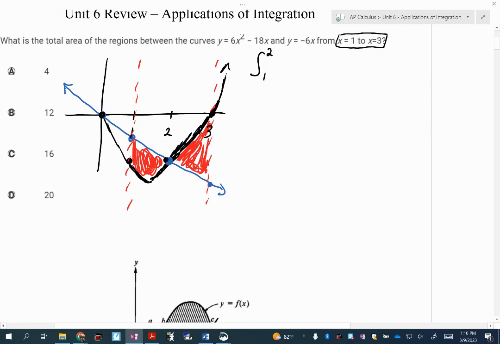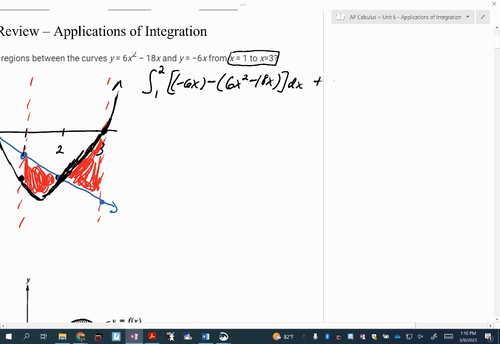The first one from 1 to 2, where my line is on top: the integral of negative 6x minus (6x squared minus 18x), all of that dx, plus the integral from 2 to 3, where my curve is on top, of 6x squared minus 18x minus negative 6x, all of that dx.